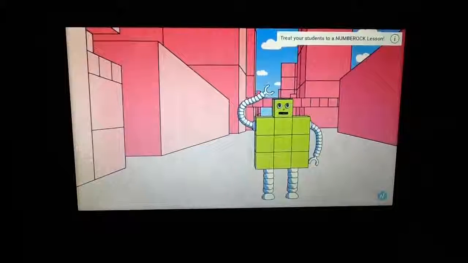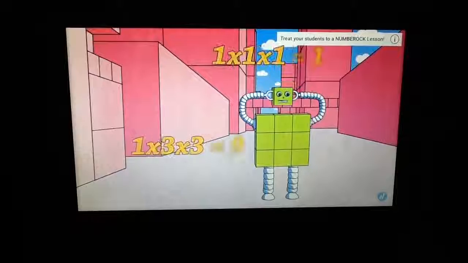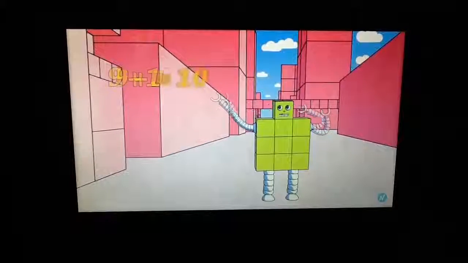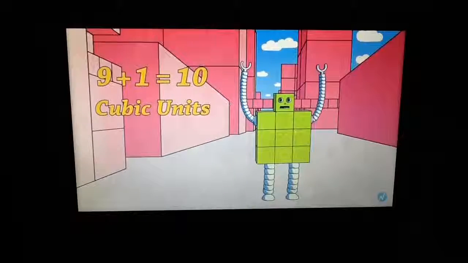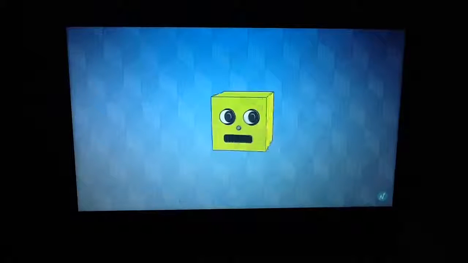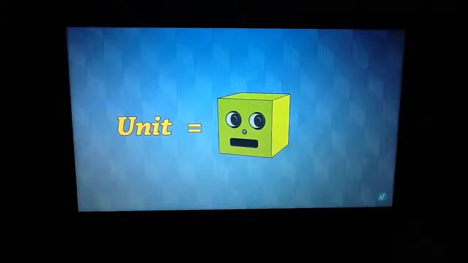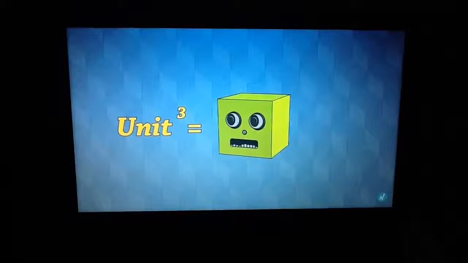With this wisdom, think of each shape separately and find the volume of each individually. Then add the volumes, 9 and 1, we get 10 cubic units and this problem's done.